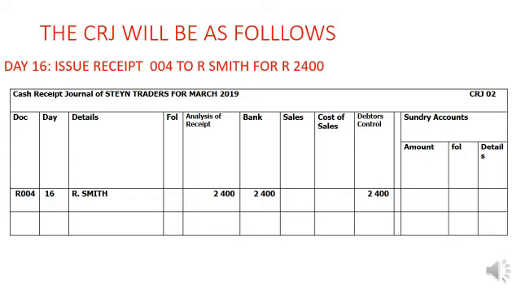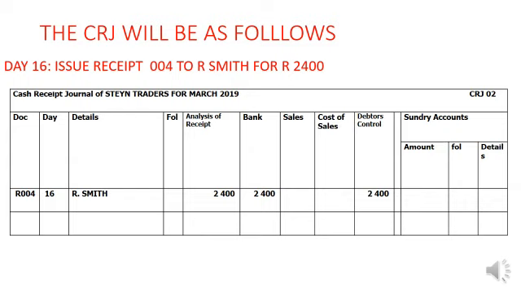Remember, in the details for the CRJ, we write the source of the money, who gave us the money, for what reason we are receiving the money. So in this case, we are receiving money from a person or a debtor, R. Smith. So in our analysis of receipts, since we are receiving the money, 2,400, we put that money in the bank because it's the only transaction of the day. Was it sales? No. So once you skip sales, you also skip cost of sales.